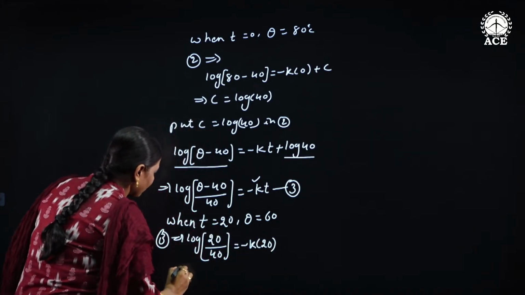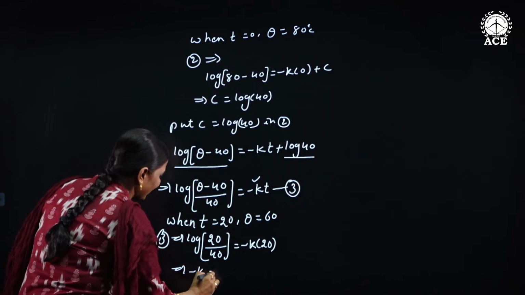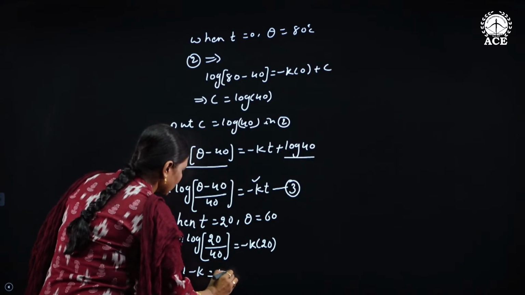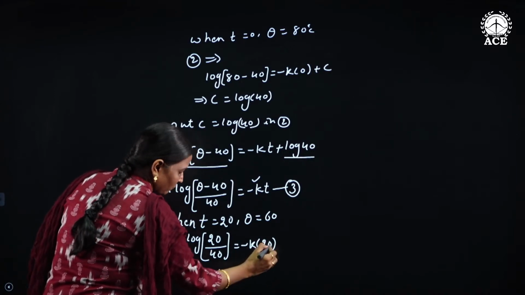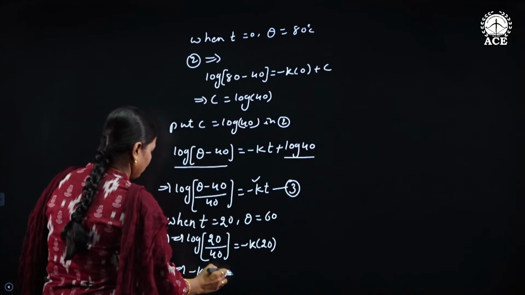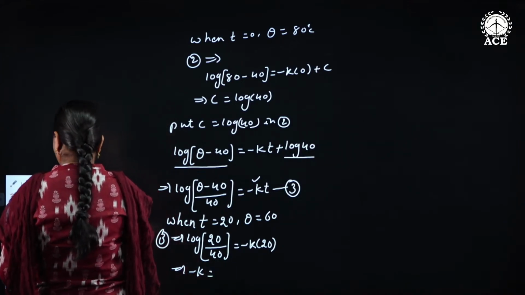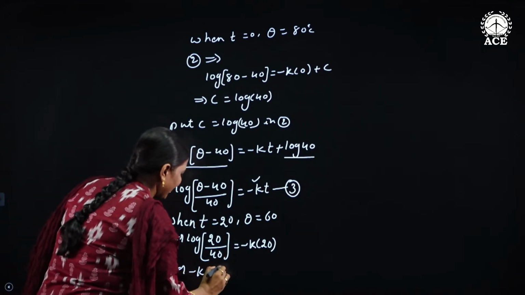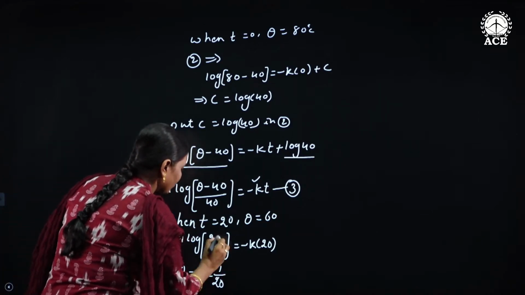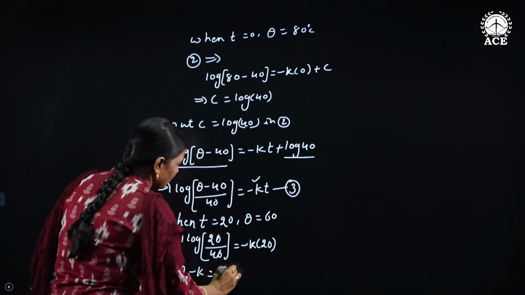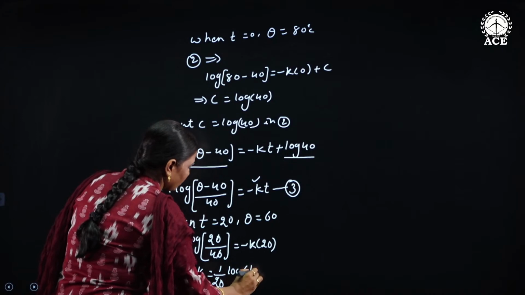From this equation, just write the minus k value or k value, that is your choice. So minus k is equal to 1 by 20 into log of 20 by 40, which is log of 1 by 2.